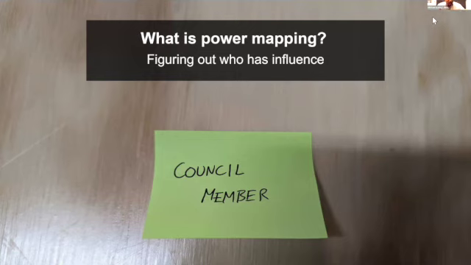So on the point about decision makers, it's a good opportunity to briefly discuss the idea of power mapping. Power mapping is where you work to figure out who has influence among the decision makers who must make the change you seek. Nothing, not even decision making, happens in a vacuum.